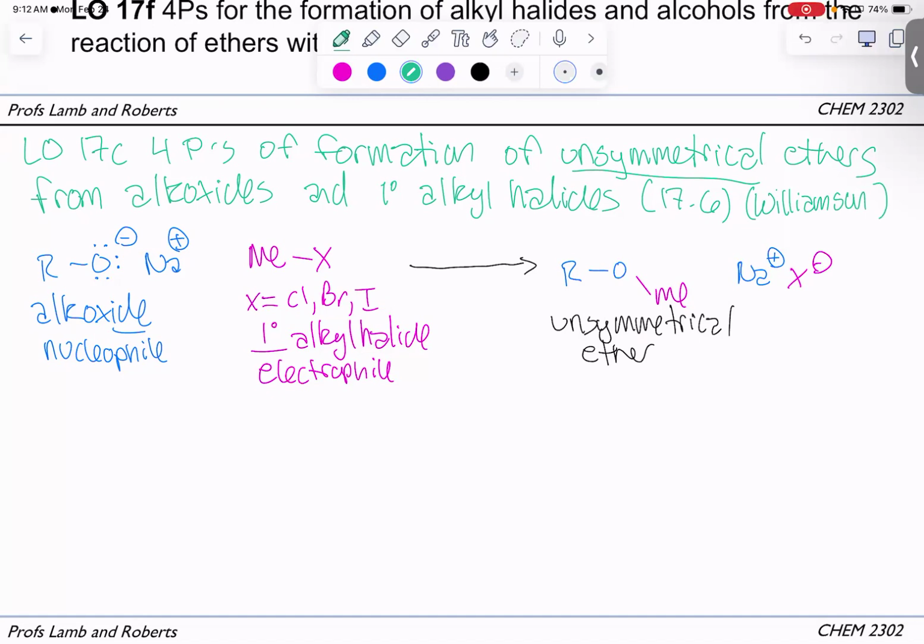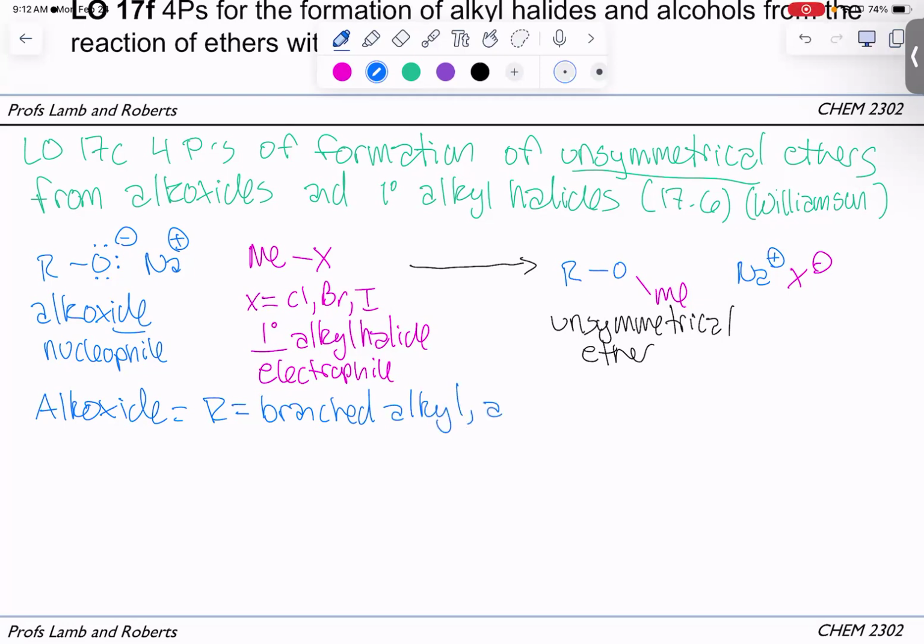All right. So our alkoxide is a very strong nucleophile. So let's think about that R of our alkoxide. This R can equal a lot of different things. So it can be branched alkyl groups.